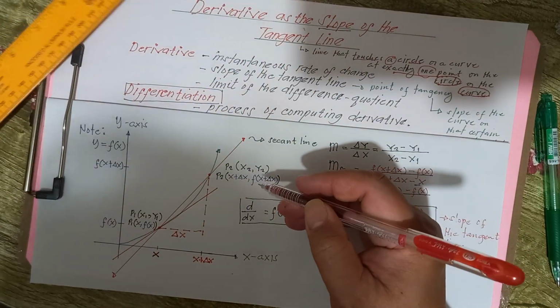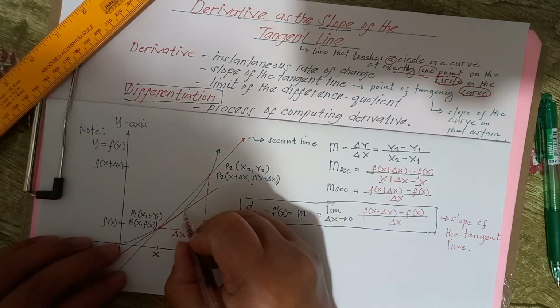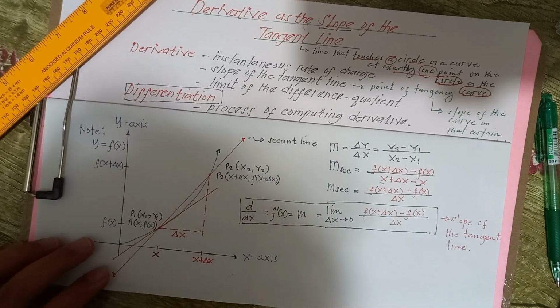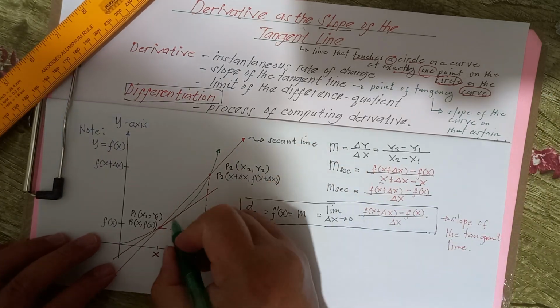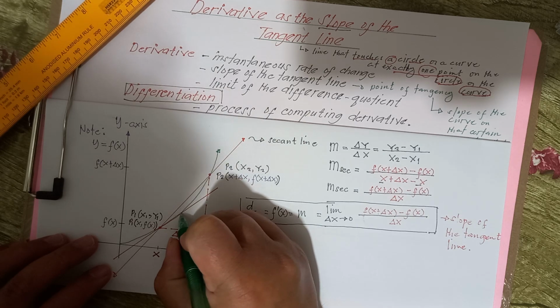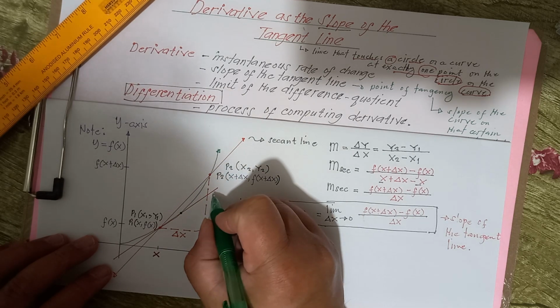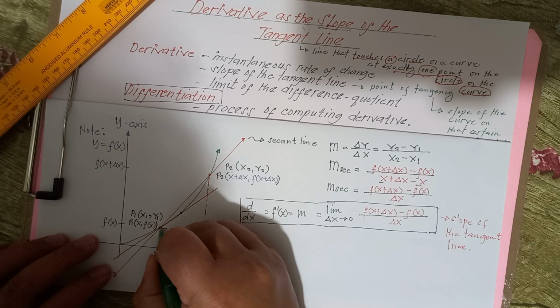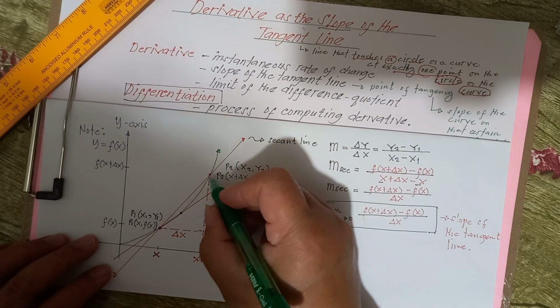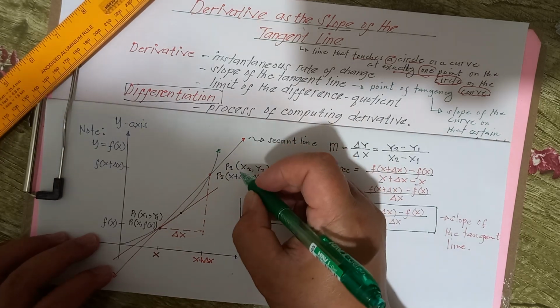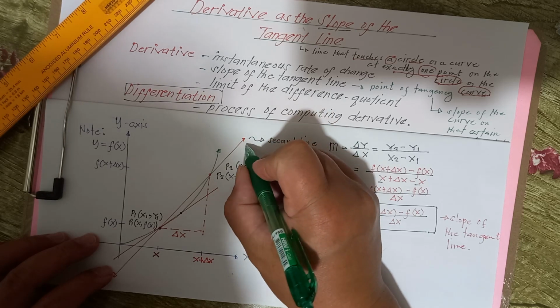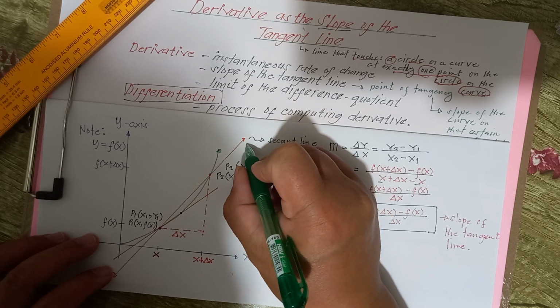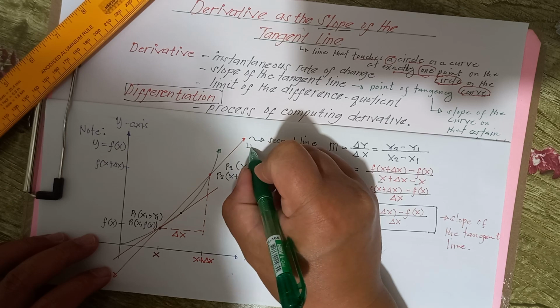Notice that when you have the movement, still this line touches point 1. So if this is point 1, point 2, the second line can be labeled as line 1.